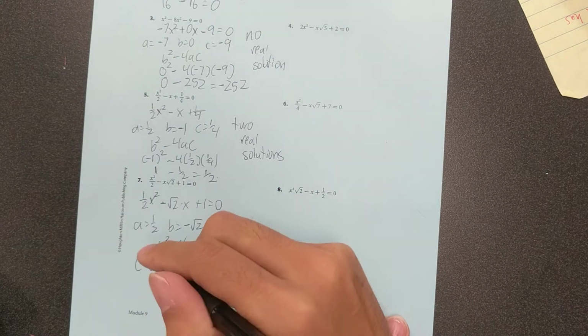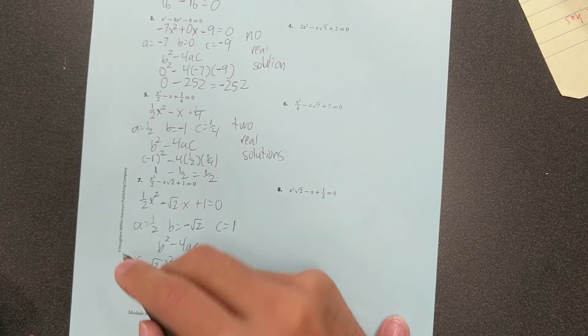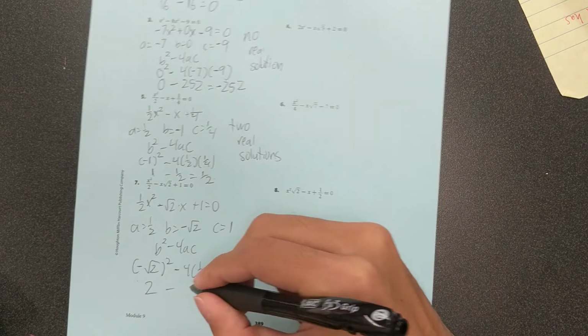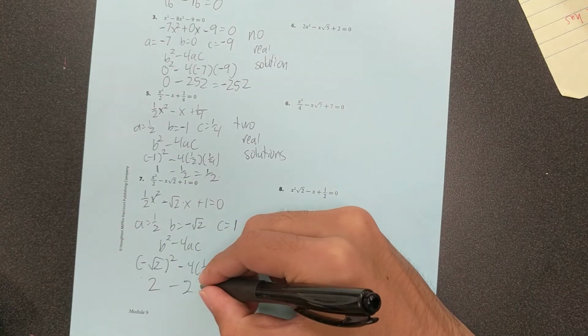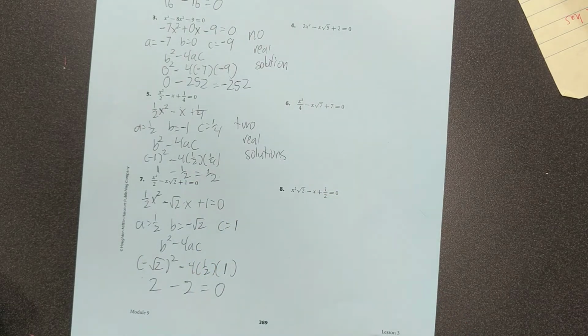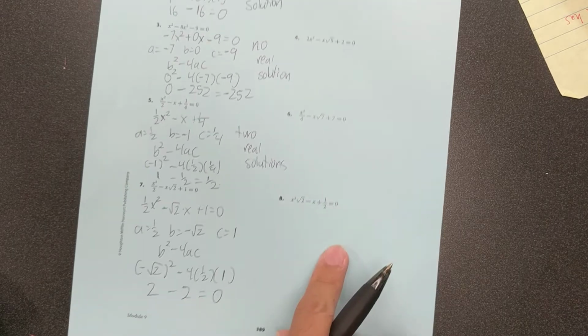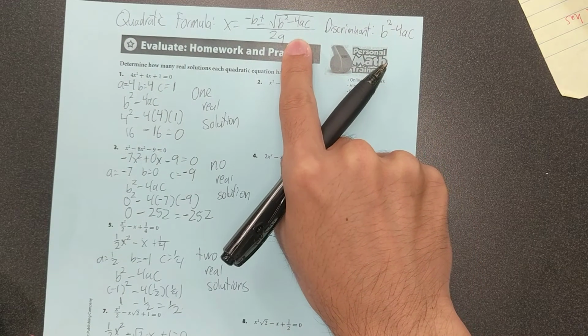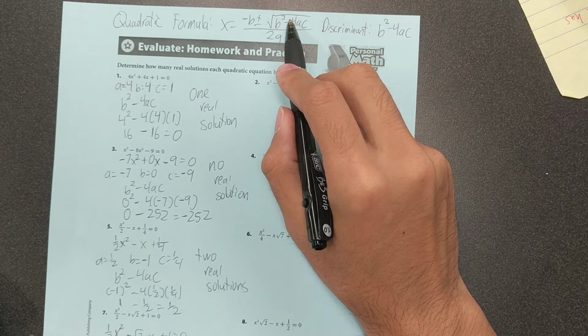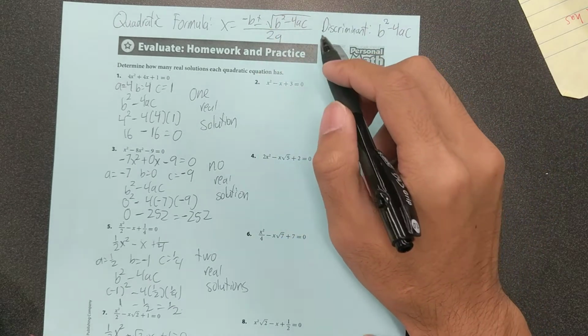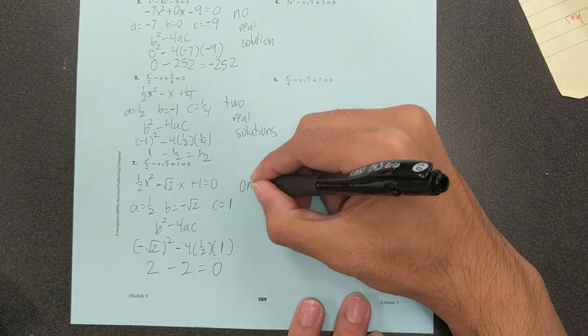Negative times a negative is a positive, and radical 2 times radical 2 is regular 2. Negative 4 times a half is negative 2, times 1 is still negative 2. Okay, so our discriminant is 0, which again means in the full quadratic formula, you would be adding or subtracting 0, which is the same. So whether you add or subtract, you get the same answer. So one real solution.